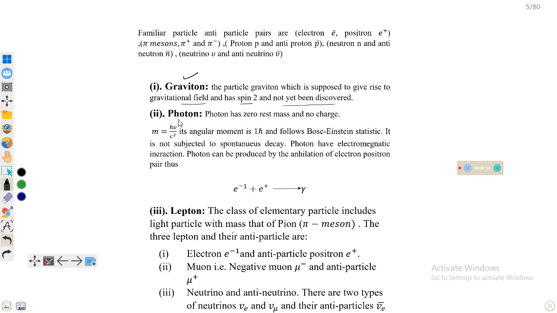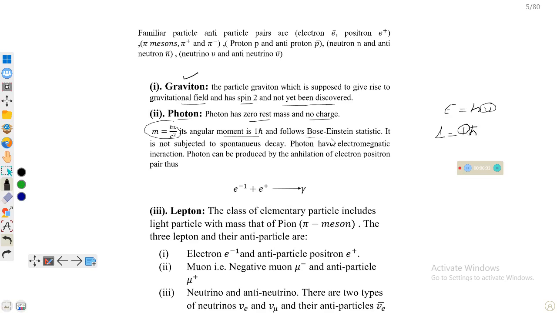The second is the photon. The photon has zero rest mass and no charge. Its mass is h nu over c squared, its energy is equal to h nu, where nu is the frequency of light. Its angular momentum is 1 h-bar, meaning an integral multiple of h-bar.